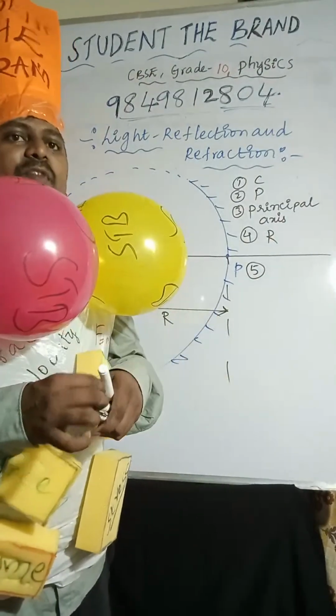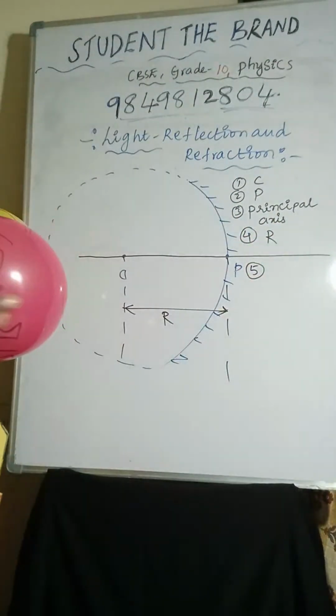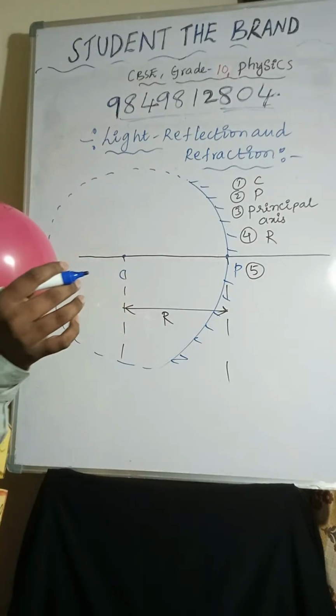And the fifth one: after reflection, all light rays meet at one point on the principal axis, called the focus, or principal focus.